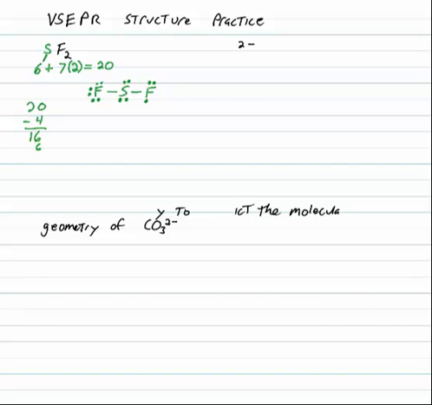Step 2 for doing our dot structure is to fill in the octets of the outer atoms first with lone pairs. So our fluorine needed 3 lone pairs. That used up 6. I have 10 electrons left. Let me fill up this fluorine with 3 pairs.